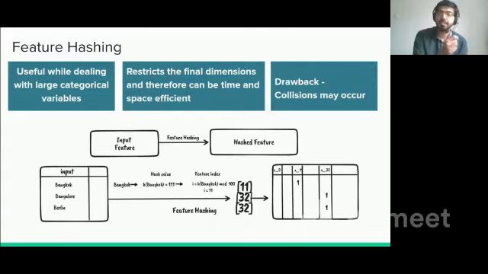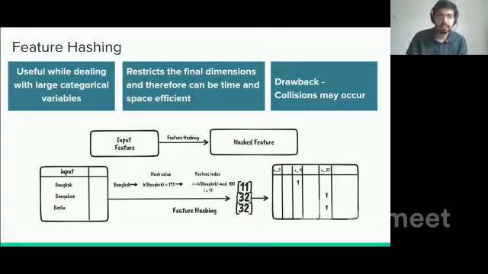If you have Bangkok, you go ahead and hash that. Now, I expect you to know what hashing is in computer science, but if you don't know, it's fine. Let's just assume that when you hash something, it assigns you a unique number.